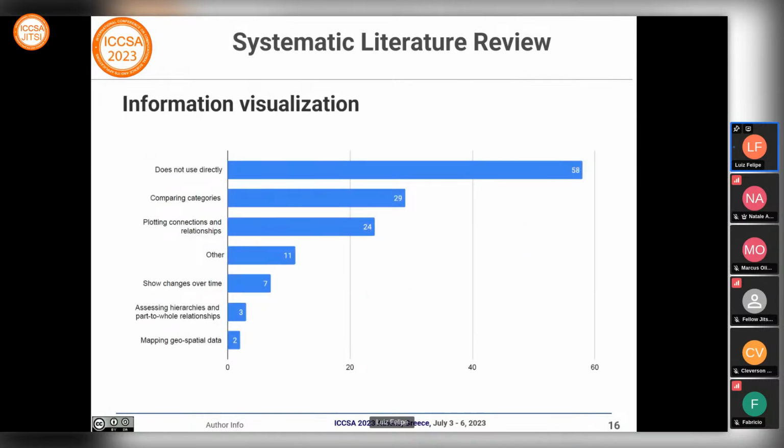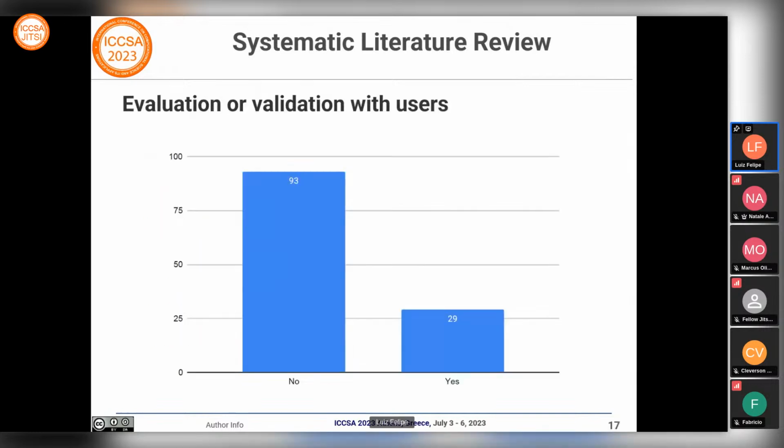The use of visualization in the explainability process was analyzed and categorized according to a taxonomy obtained from the literature. It was found that a good number of the studies don't propose evaluation with users.